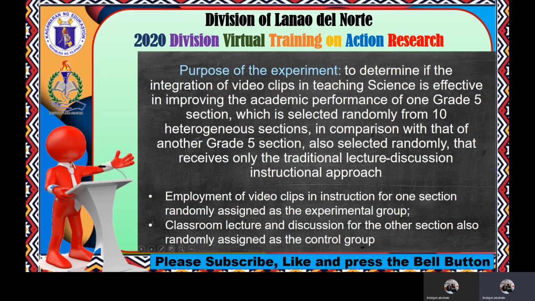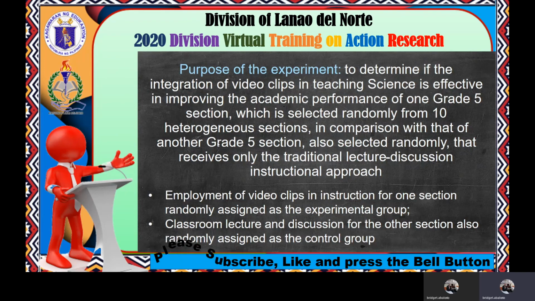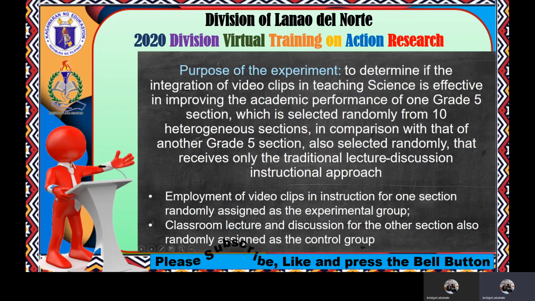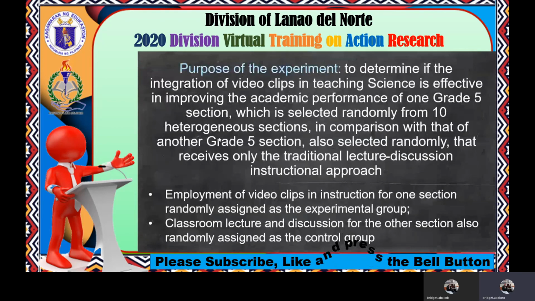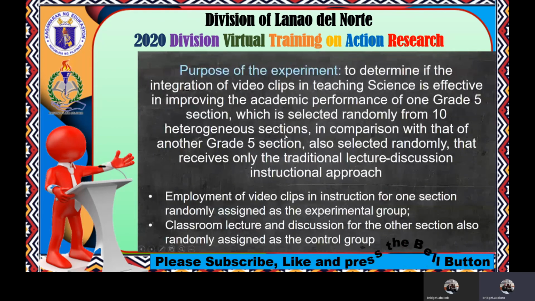Very good. It's a true experimental research design because, as we may see, there is randomization of the selection of participants as to what group they are going to be. We have here the control group and the experimental group.